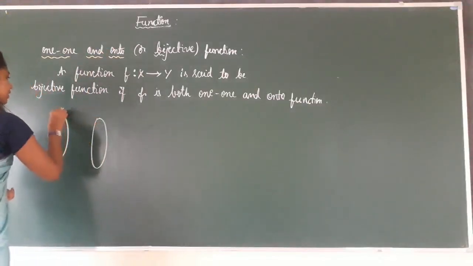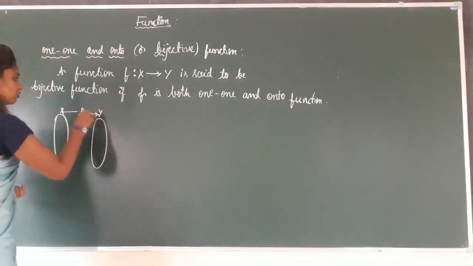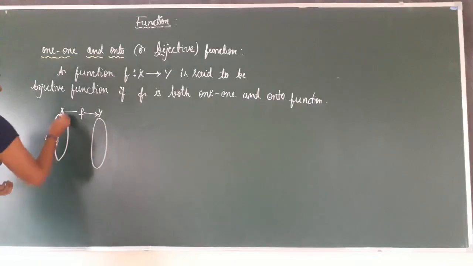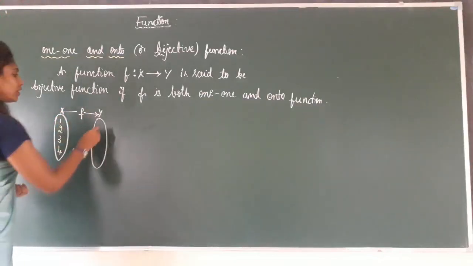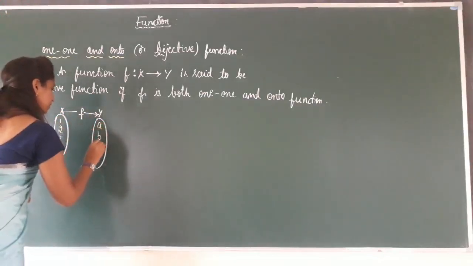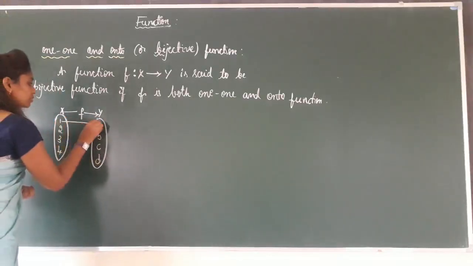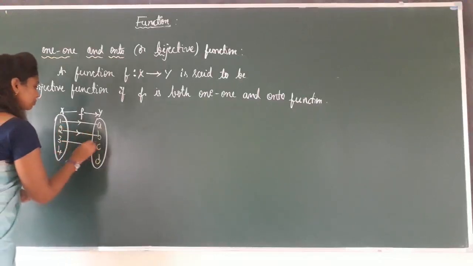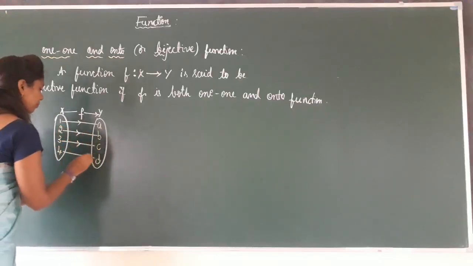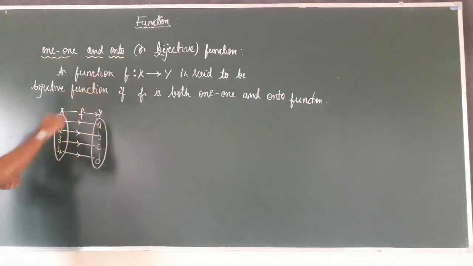This is set X, a function f from set X to Y. The elements of X are 1, 2, 3, 4. Elements of Y are a, b, c, d. Then 1 is mapping to a, 2 is mapping to b, 3 is mapping to c, 4 is mapping to d. This is the example for a bijective function.